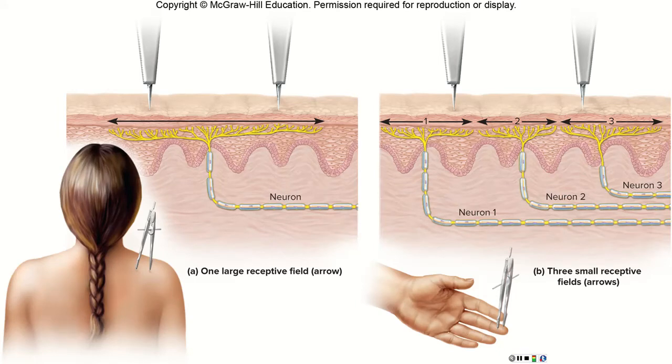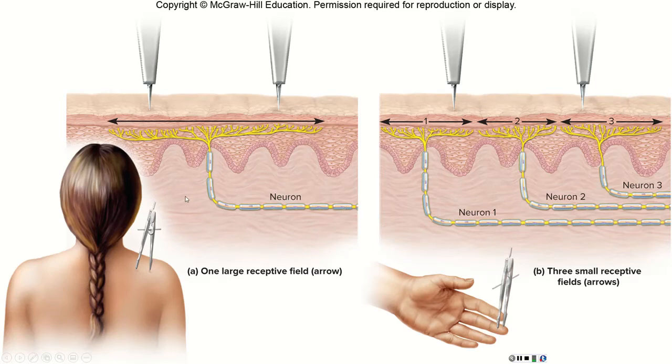So why could you sometimes feel 2 and sometimes feel 1, even if there were 2 points being used? What it's actually testing for is to see how wide of an area is one neuron detecting.